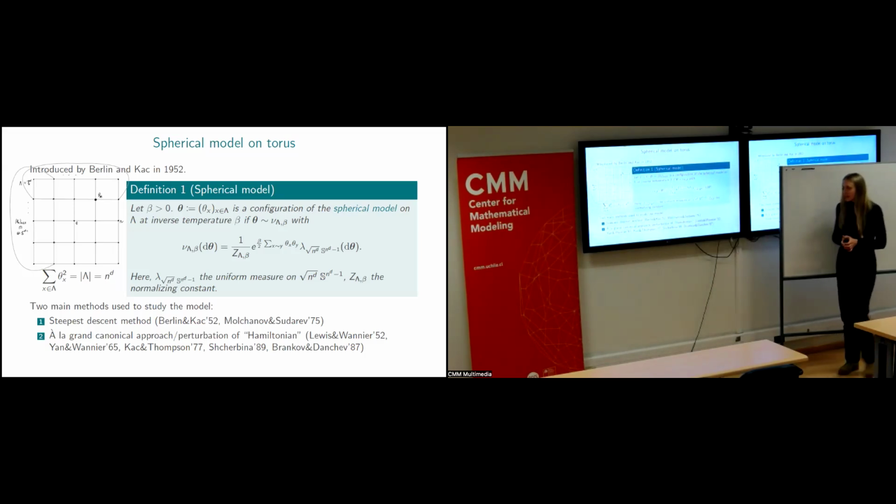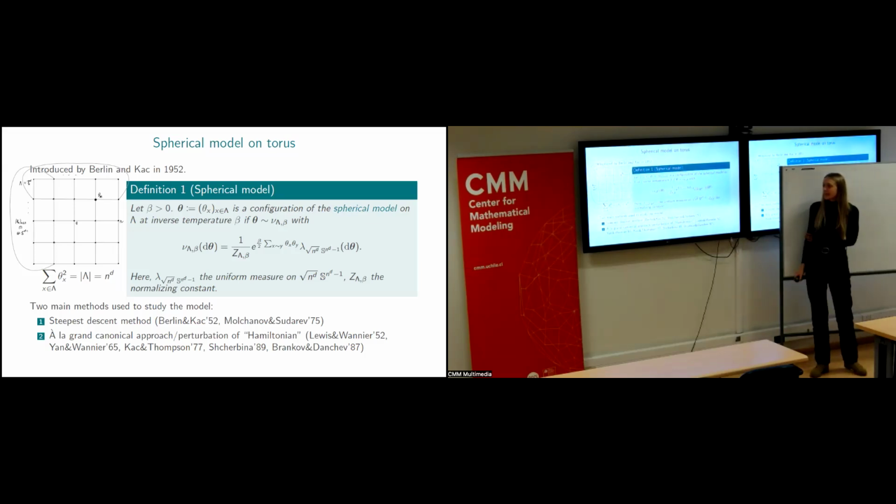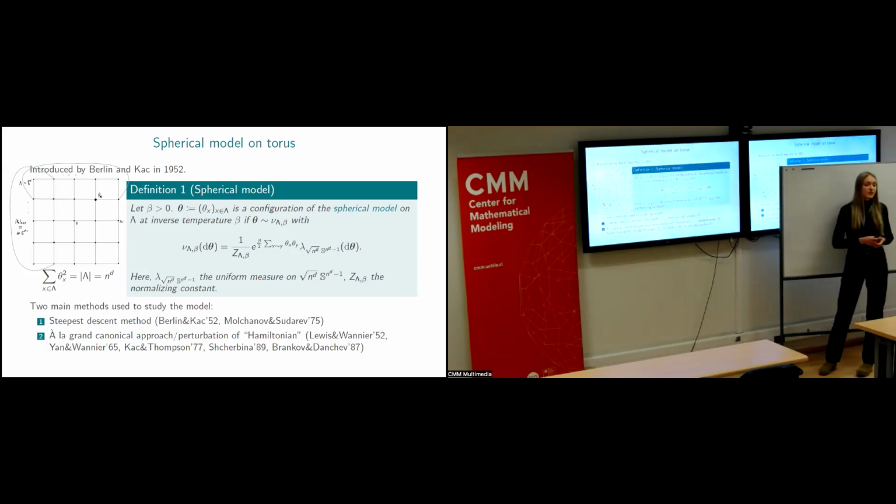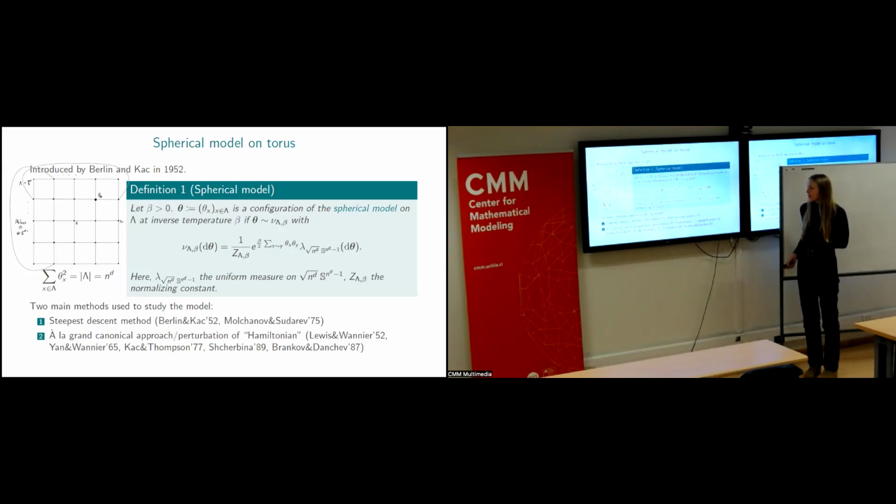However, there is a problem with this approach. It works in the high temperature regime, when everything is disordered enough. However, one observed quite quickly that there are some discrepancies in the low temperature regime, when the temperature is very low.